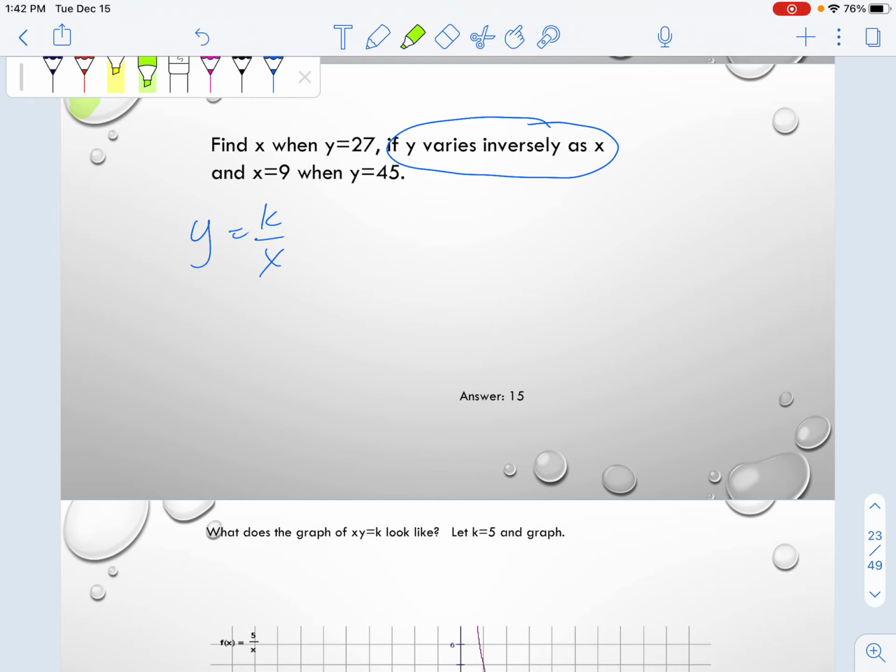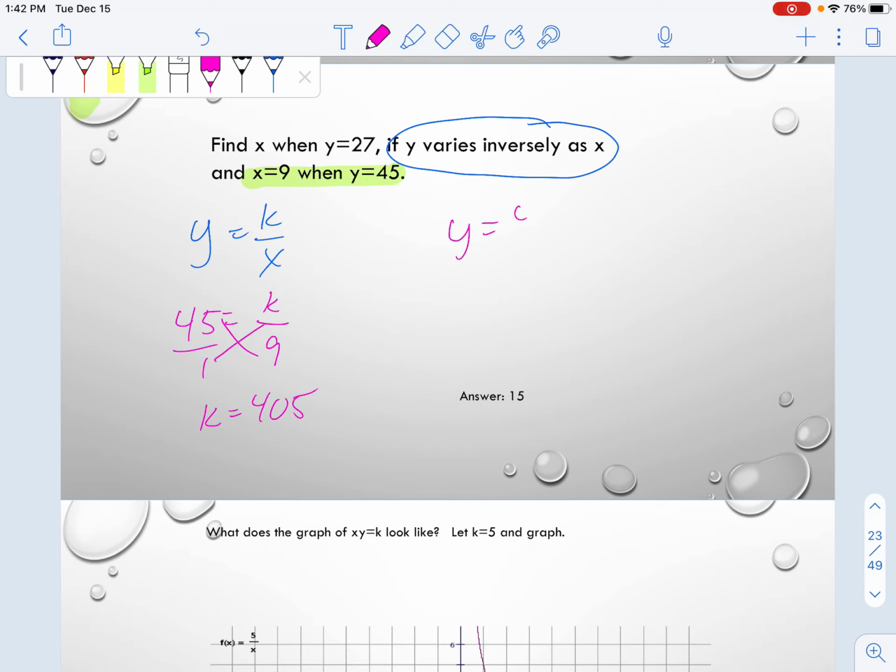Here's your fact to solve for k. y is 45, k over 9. So we get 45 times 9, which is 405. You can cross multiply and solve there.